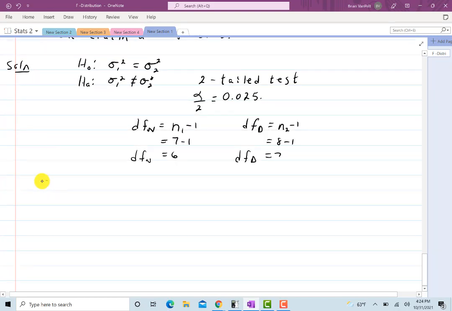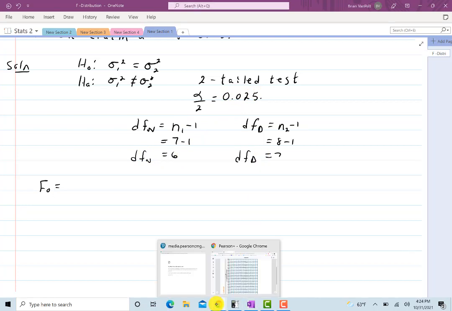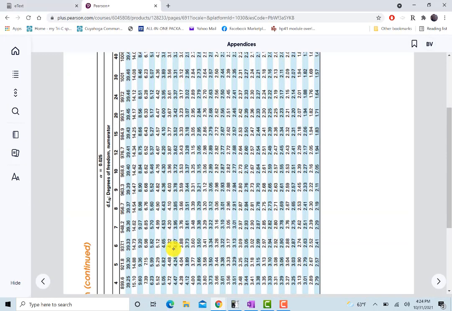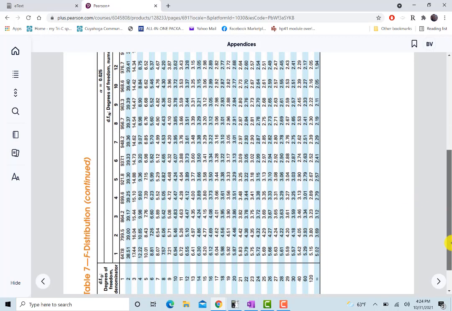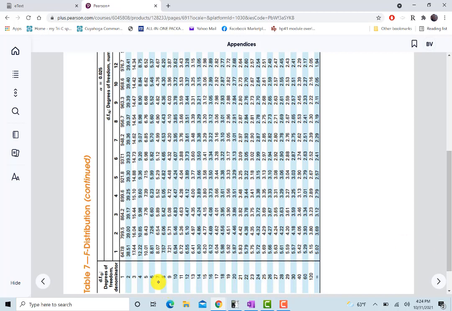So what does F0 equal? So let's use alpha equals 0.025, DFN and DFD. I got everything I need. And I'm already on the 0.025. So I've got 6 and 7. 6, I see the 6 there for my numerator, and 7 for the denominator.